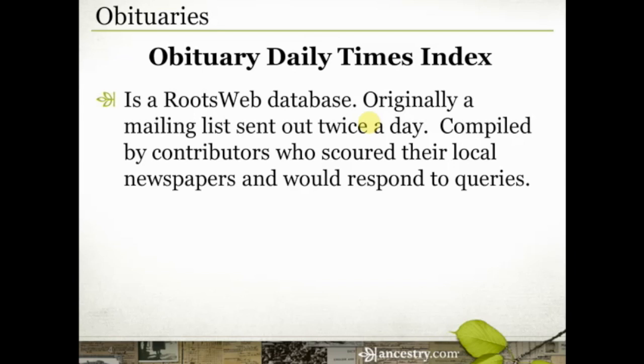And a lot of the records available on RootsWeb have been compiled by volunteers. It's a volunteer-run website. And so even though Ancestry.com hosts and pays for the servers and all the computer technology that keeps it running, the content that gets put online there is done by volunteers, and so it remains free.